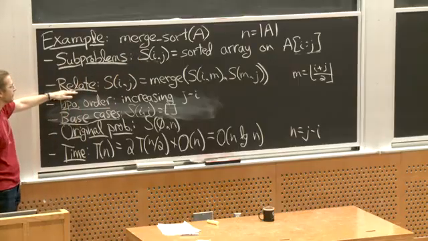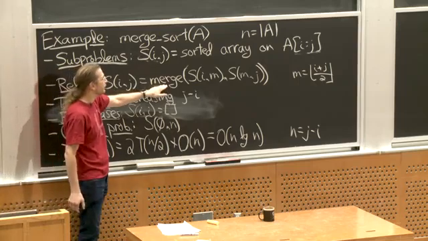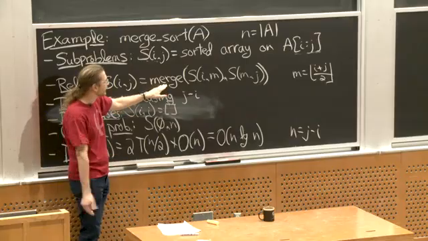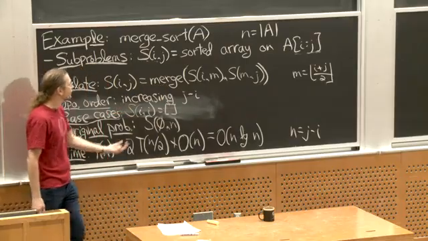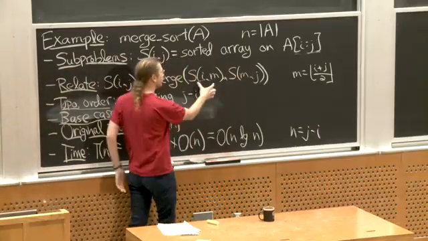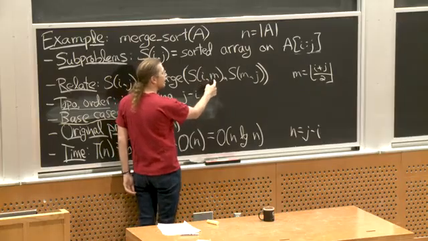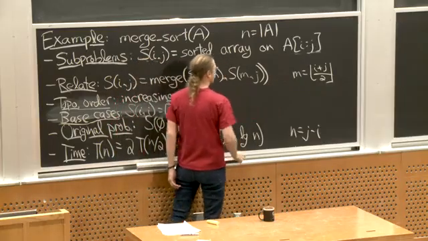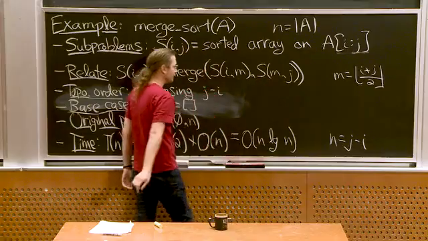This is the recurrence relation. I've written it very simply here. Of course, there's a merge algorithm, which is somewhat complicated, but we saw the 2-finger linear time merge algorithm given 2 sorted arrays. So this is supposed to be the sorted array version of the items i through m. m is the middle element between i and j, and the sorted array of the items from m up to j.